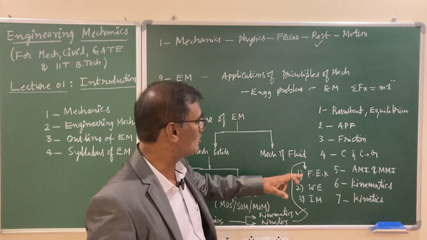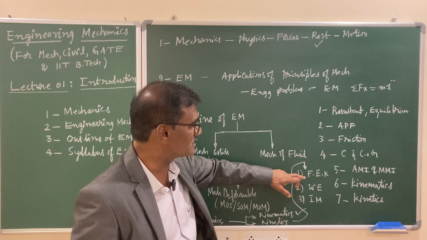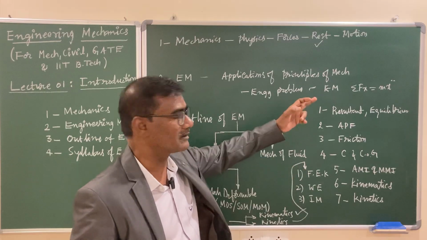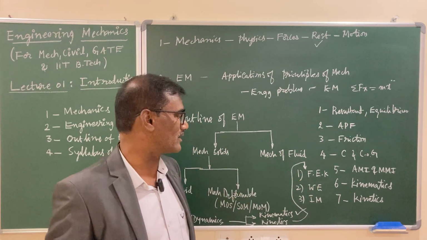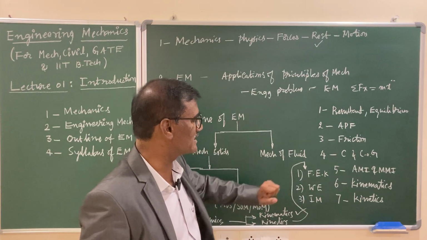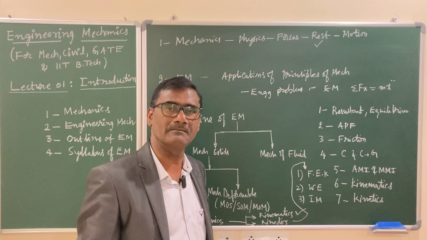You will be solving either by Newton's second law of motion, which is also known as the fundamental equation of kinetics, or by D'Alembert's principle. That is the first method of analysis of kinetic problems. The second method is the work energy principle, and the third method is the impulse momentum method.